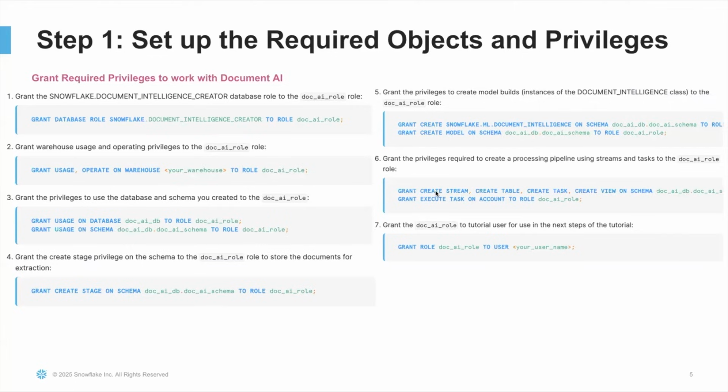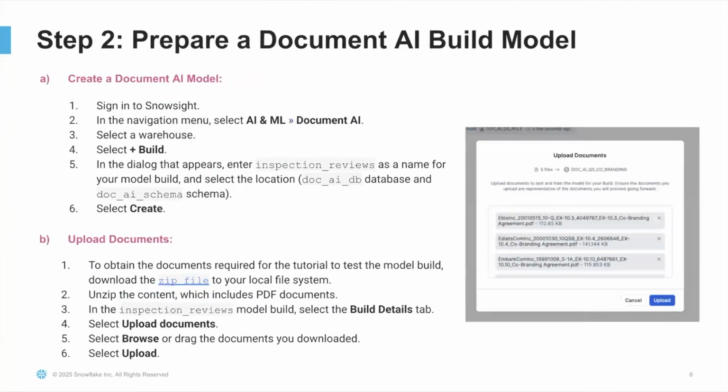And then if you're doing a processing pipeline, you'll want to make sure you're able to create a stream, create table, create task, and create view on your schema, and also execute task. And lastly, you'll grant the Doc AI role to the user. So you can refer back to this later for exactly what you're doing, but there are several pre-steps that you'll want to do.